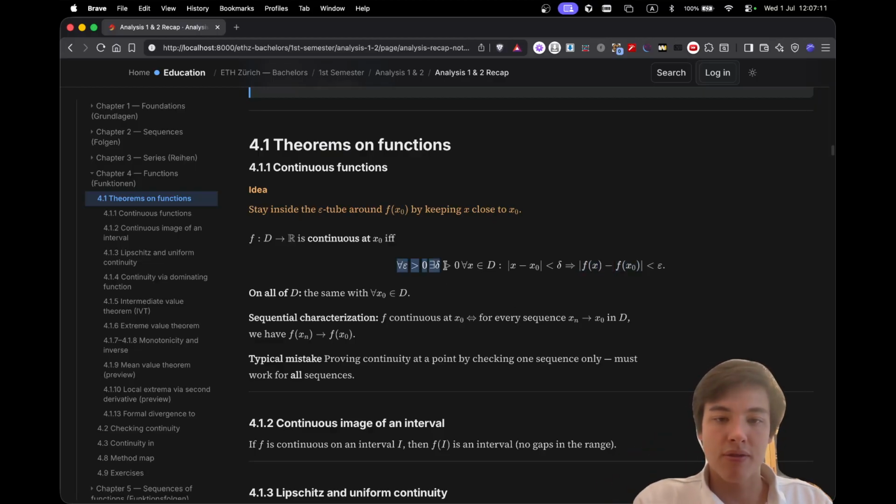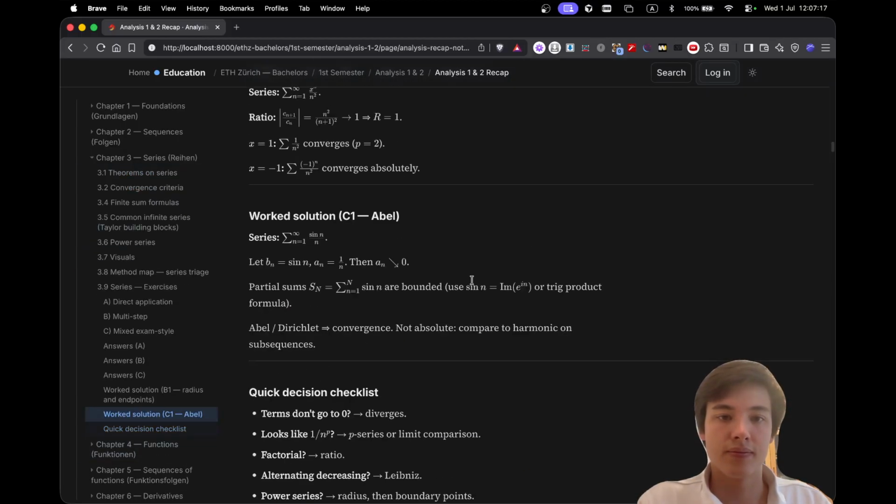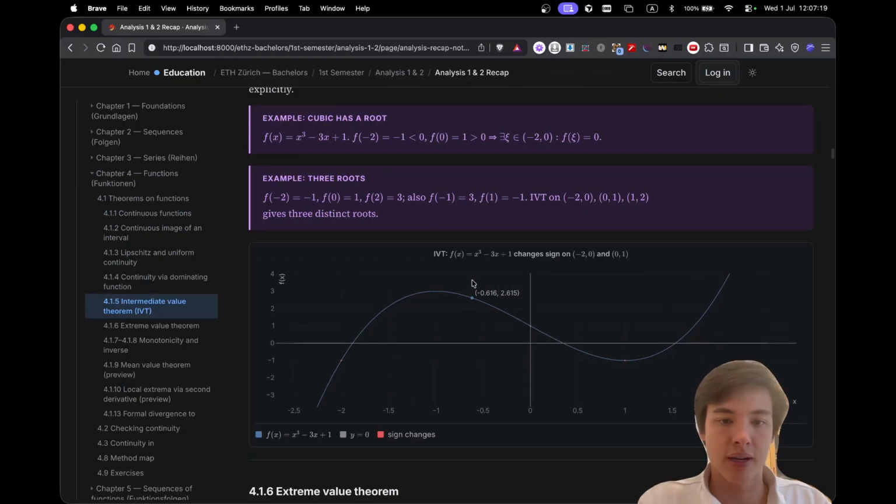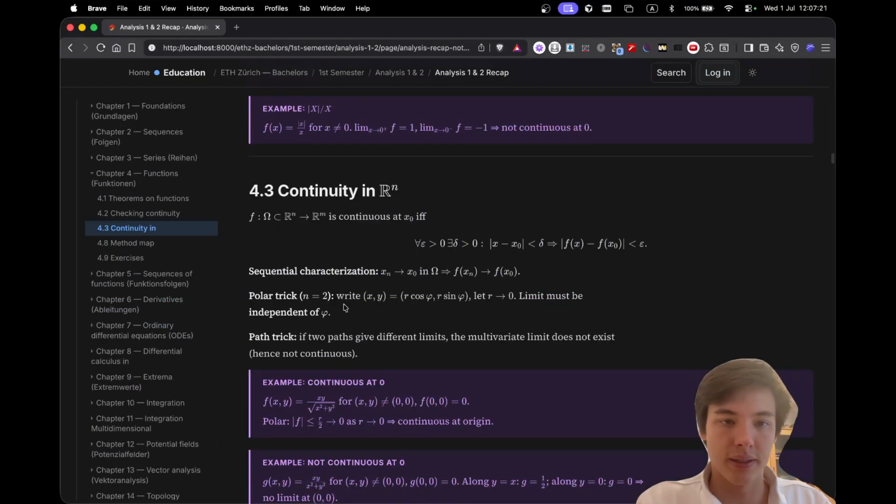So let's say we have a fixed epsilon, and then we can find one delta.